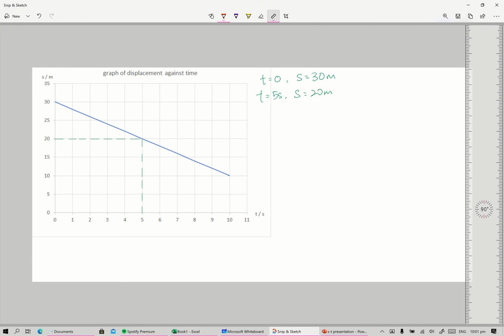Now you notice that when time increases by 5 seconds, the displacement decreases by 10 meters. So when time increases from 0 to 5 seconds, the displacement decreases from 30 to 20. 30 to 20, alright?